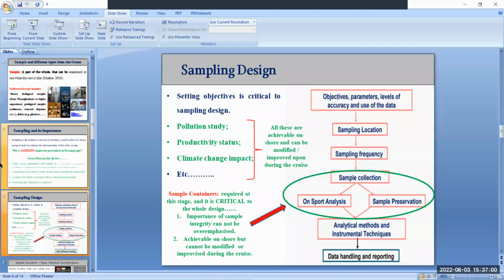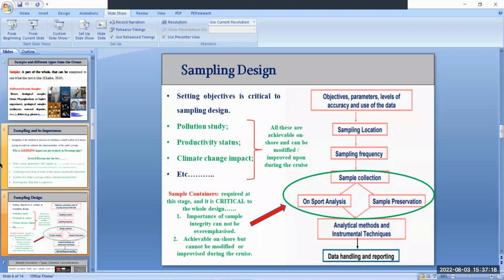So the importance of sample integrity cannot be overemphasized. And this particular area that I've circled can only be achieved onshore, but cannot be changed or modified when you are in the field.